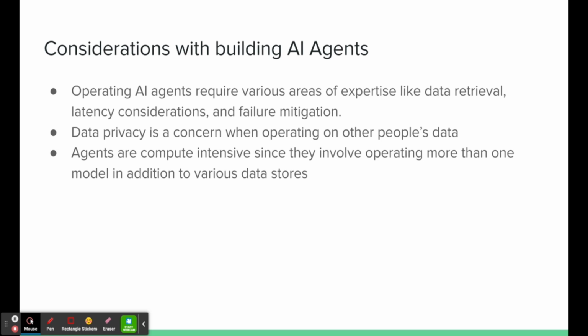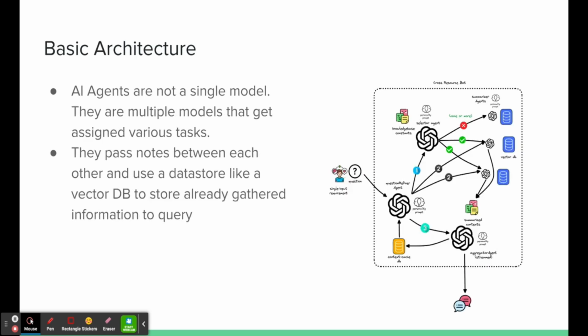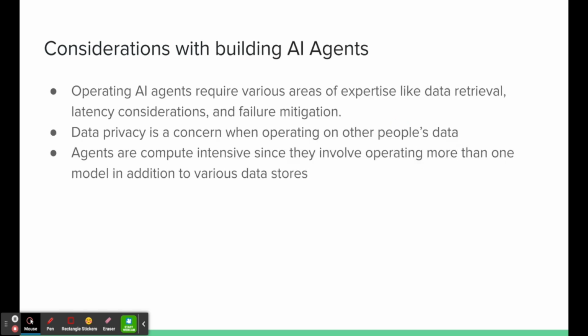And since there's multiple pieces of dependencies working together, you want to handle failure mitigation. For example, in the previous slide, if the question refiner agent goes down, there's no way for the agent workflow to begin. So you need to create some sort of redundancy or some sort of fallback system in order for a system like this to be very robust and handle multiple different workflows.